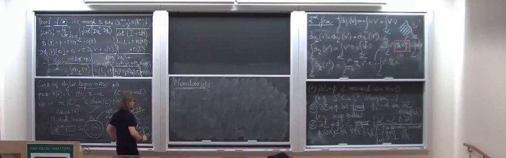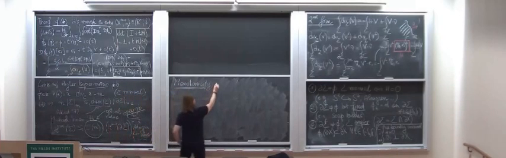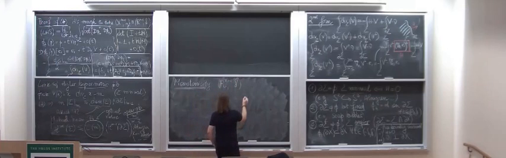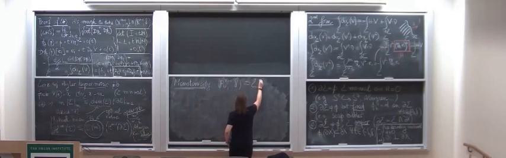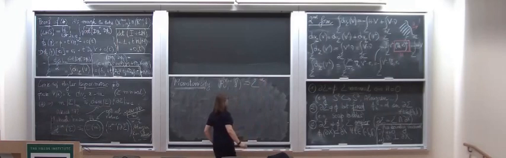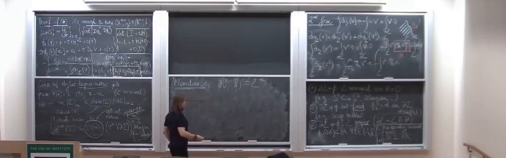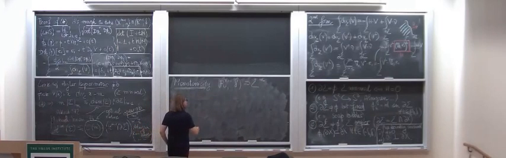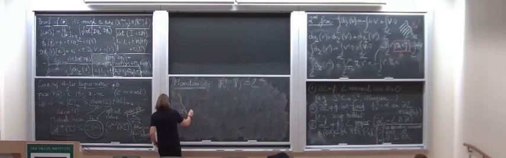We are in R^(n+1) with the flat metric, and here we take some submanifold sigma of dimension m, where m is between, say, 2 and n. And we allow that sigma to have a boundary.